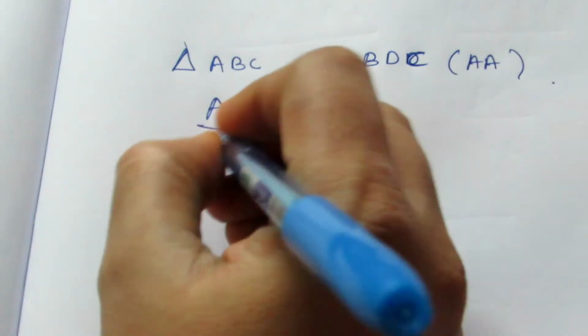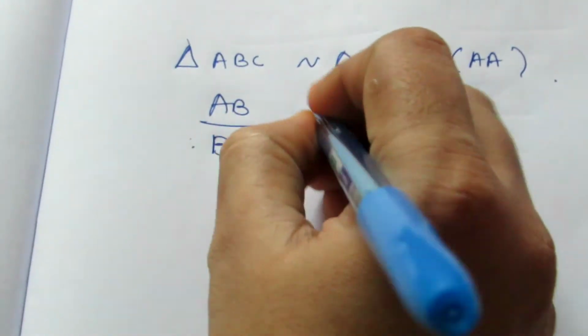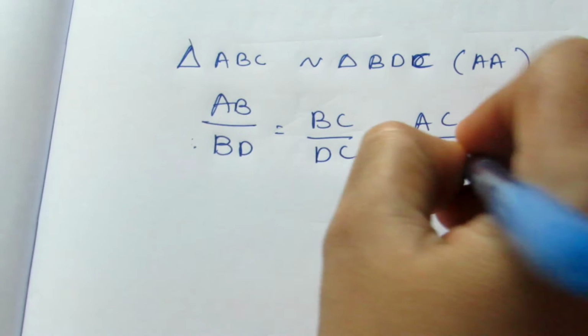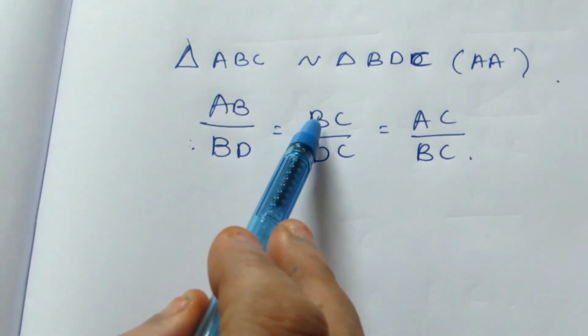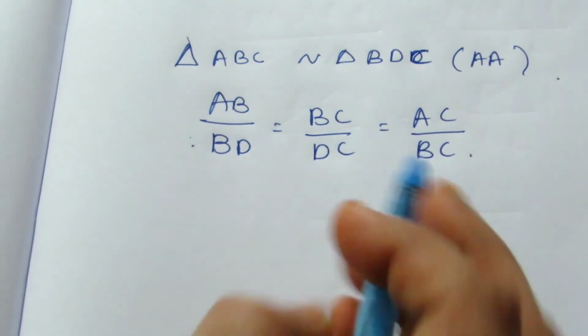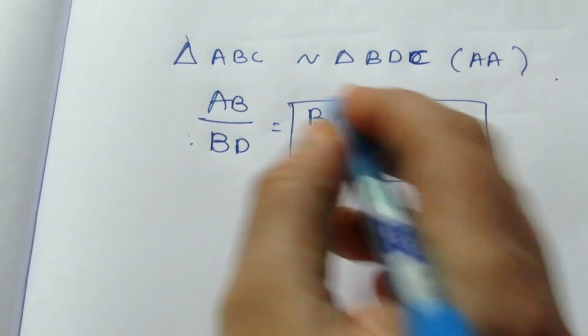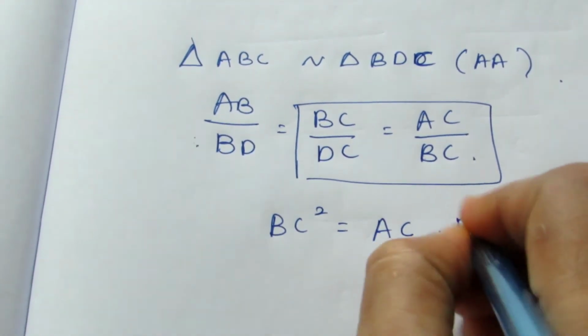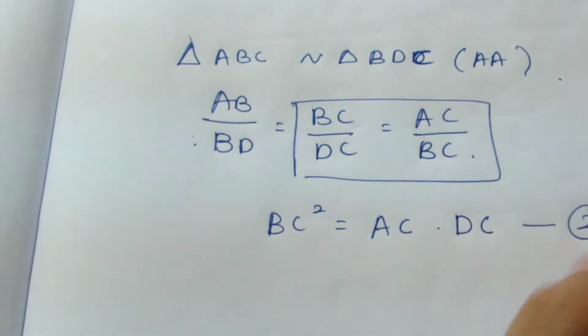AB by BD is equal to BC by DC equal to AC by BC. Now check which two to take. If I multiply these two, it becomes BC square. So taking these two and cross multiplying, it becomes BC square equal to AC into DC. Now this is equation 2.